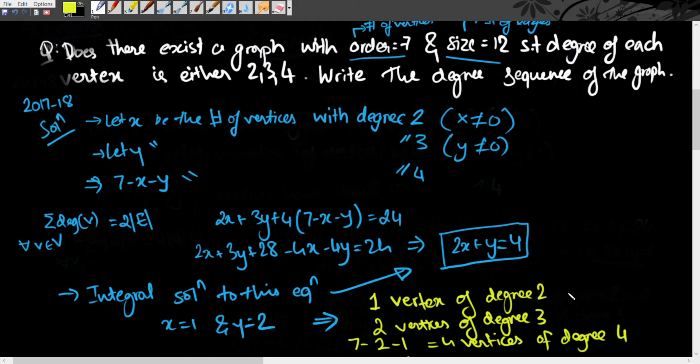And for the degree sequence, we just write it as this: 4 times 4, 2 times 3, and 1 times 2. So that's your degree sequence.